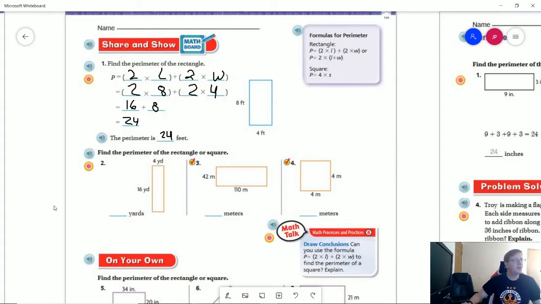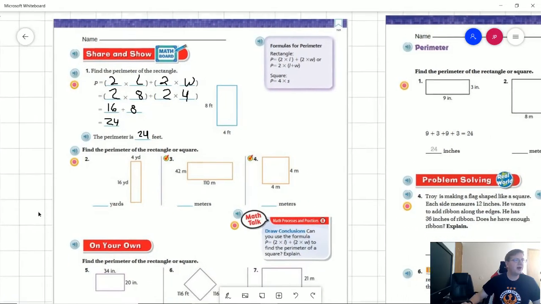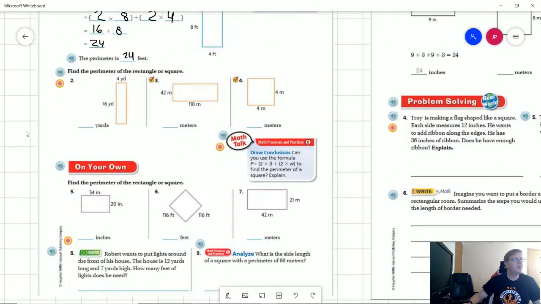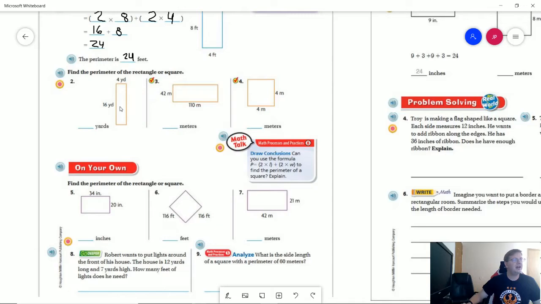So now I'm going to give you a chance to pause the video. I want you to go ahead and look at 2 through 7 and see what you would end up doing to solve that. Something like number 6, you're going to multiply this side times 4. If you are comfortable doing that, great.